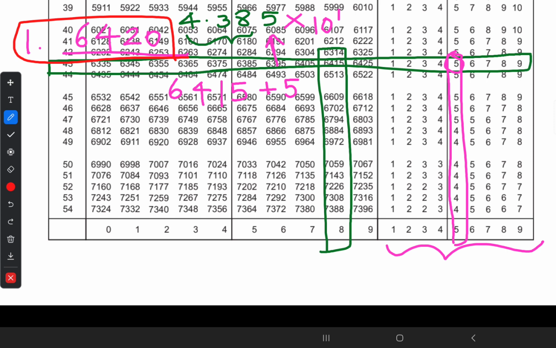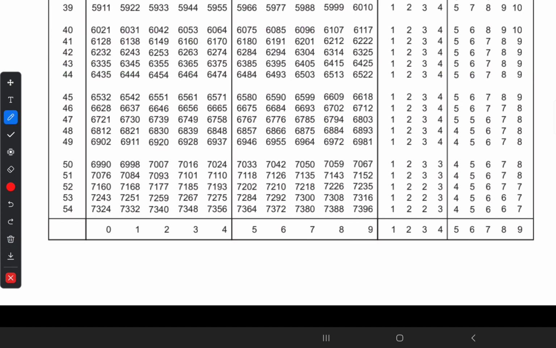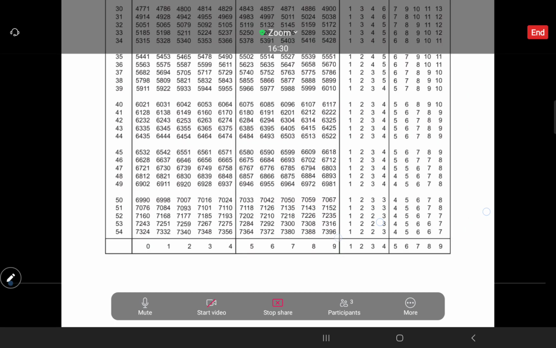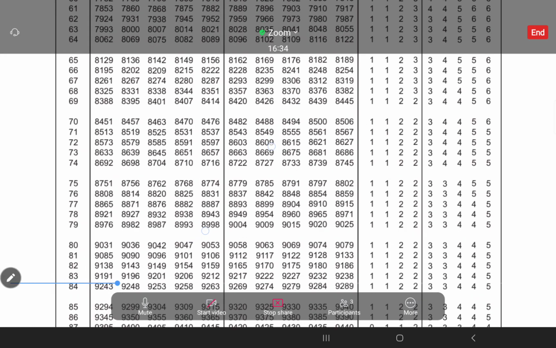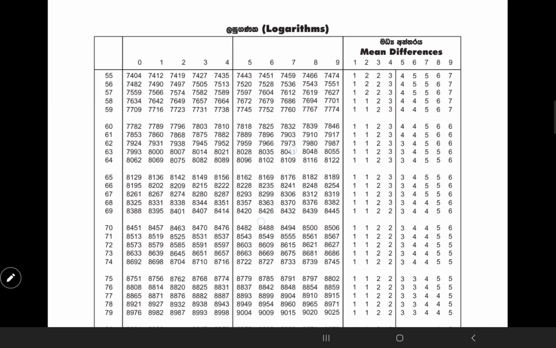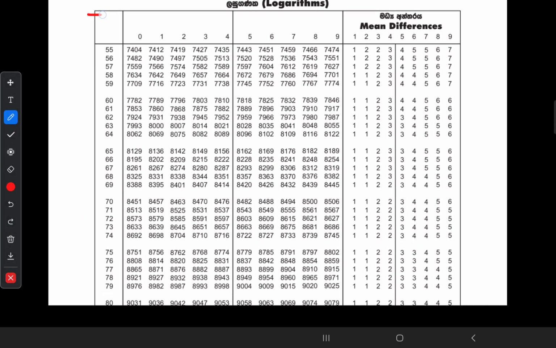Then our next logarithmic value, which is 7.532. Okay, 7.532 means that is 75th row. 7.532 multiplied with 10 with the power of -1.